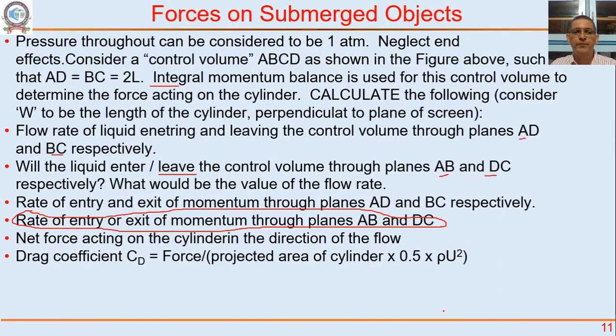Okay, let's go forward. And then we are going to define the net force in a slightly different way. We are going to define the drag coefficient. We will see how that comes about in due course. We are going to write this force divided by the projected area of the cylinder multiplied by a half rho u square, and get an expression for CD. So I would like you to write what this CD is.